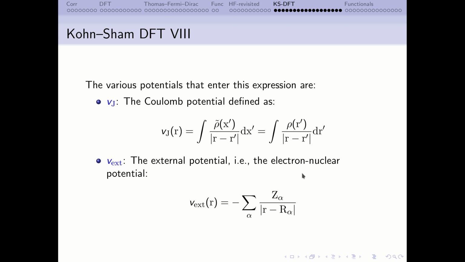The Coulomb part will be defined to be arising from the integral of rho tilde of x prime divided by modulus of r minus r prime dx prime, and if we perform the integral over spin, the d omega part, then we can convert the rho tilde into a rho, so that's also written as the density rho divided by r minus r prime dr prime. The external potential is simply the electron nuclear potential, which is the sum over all the nuclei Z alpha over modulus of r minus r alpha. Remember, r alpha are the locations of the nuclei. It's an attractive potential, hence the minus sign.